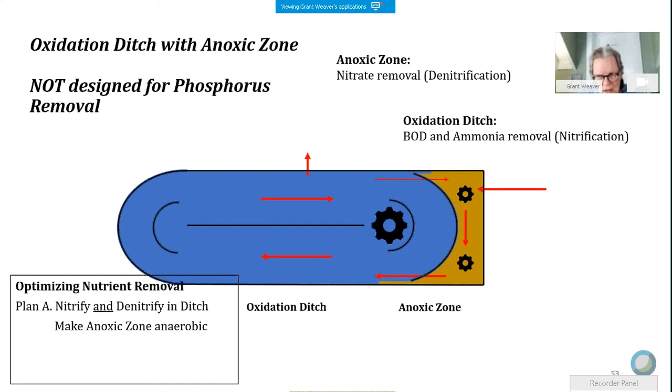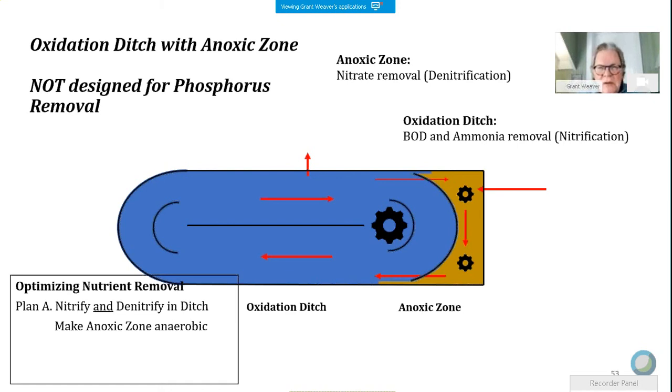And if we do that, then we're getting all of our ammonia converted to nitrate in the ditch. That's what it's designed to do. Then instead of having the nitrate converted to nitrogen gas in that brown area, if we can figure out a way to get it done in the blue area, then the brown area is now available to us. The old anoxic zone is available to us to drive it anaerobic for phosphorus removal.